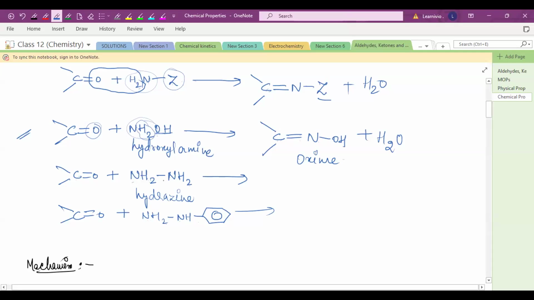This is hydrazine, NH2NH2 is hydrazine. And what is this? NH2, NH, and your benzene ring. Yes, Jovita will tell me. What is the name of this structure? NH2, NH, and then the phenyl ring. What is the name of this structure? We have already discussed it in the previous class.